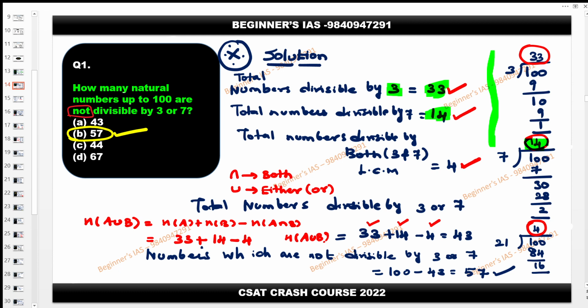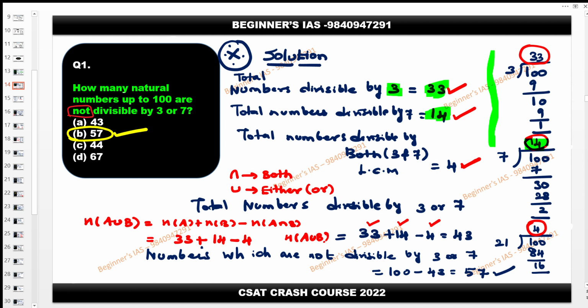Now you have found n of A and n of B. What you need to find here is n of A intersection B. How to find A intersection B? Listen carefully. 33 numbers are divisible by 3, and 14 numbers are divisible by 7.